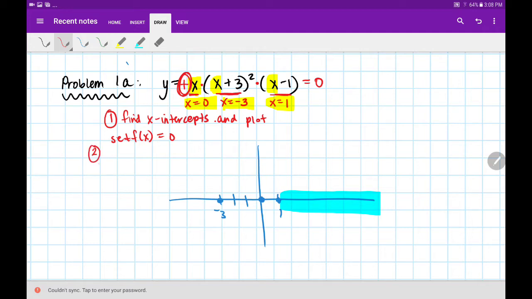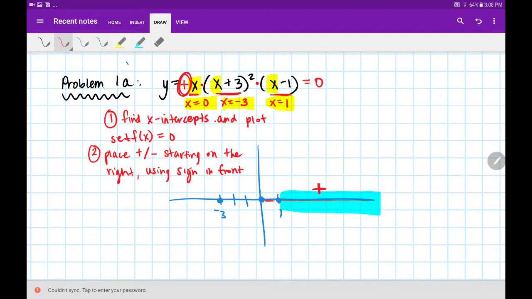So our step 2 is to place plus or minus signs to determine whether we're positive or negative, starting on the right, using the sign in front. So since it was a positive out in front, that means that this interval, my graph is going to be above the axis. So I'm just going to put a plus sign. I'm positive. Okay, we've got that interval down.